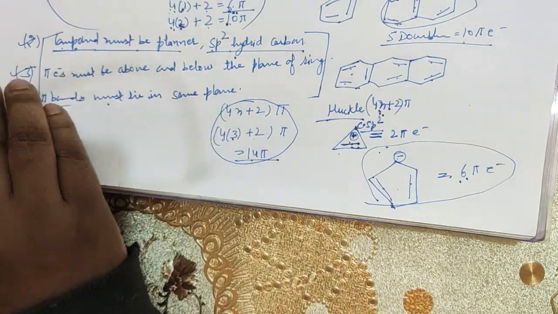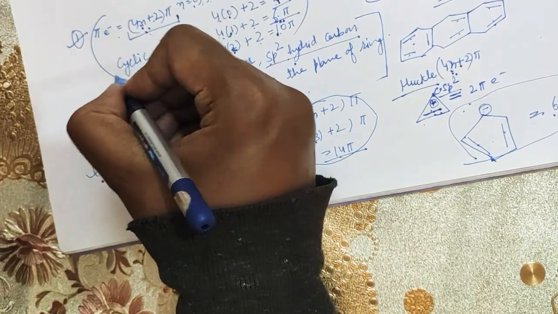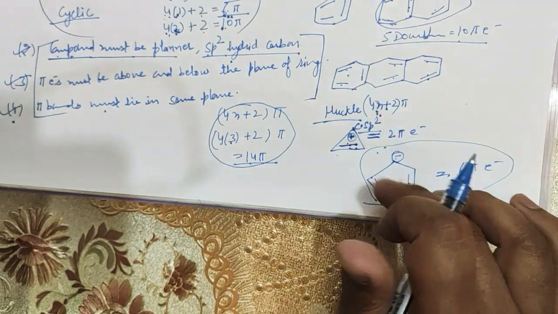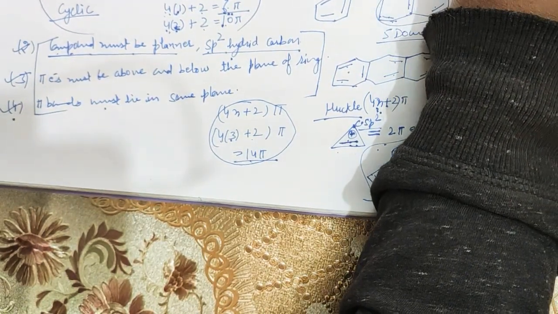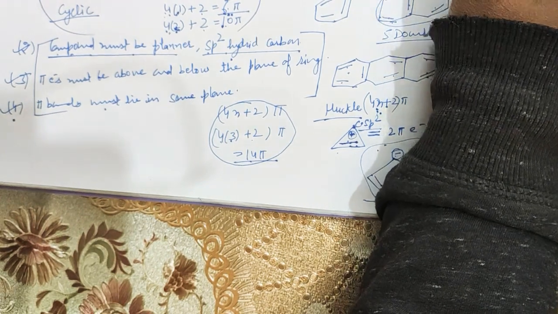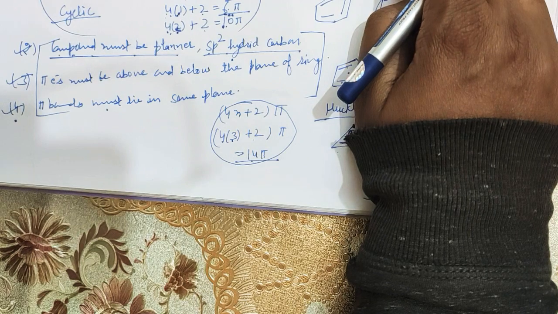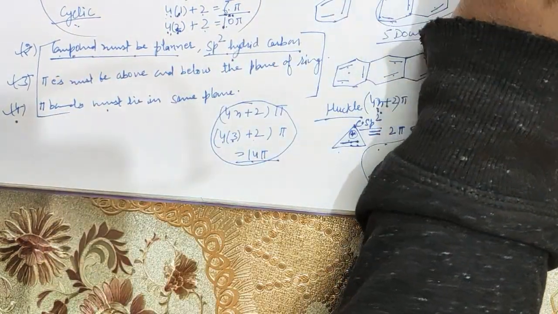And always remember that the system should be cyclic. That is, Huckel's rule is followed only by a cyclic system or cyclic compound like this. It is not followed by this kind of compound. If you are given this type of compound and there are 6 pi electrons, this compound doesn't follow Huckel's rule because it violates this condition, that is, the compound is not cyclic.